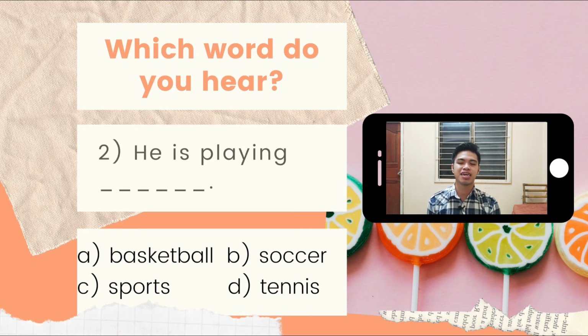Number 2. He is playing tennis. Is it going to be A, B, C, or D? Of course, it's going to be letter D. He is playing tennis.